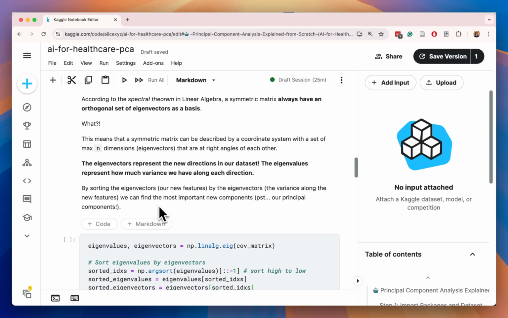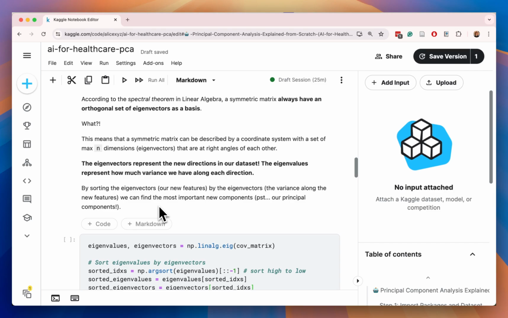So the eigenvectors here represent the new directions in our dataset. It's like a new axis. Instead of using the x and y axes, we're using the eigenvector axes, where the data is most spread out along those axes instead.